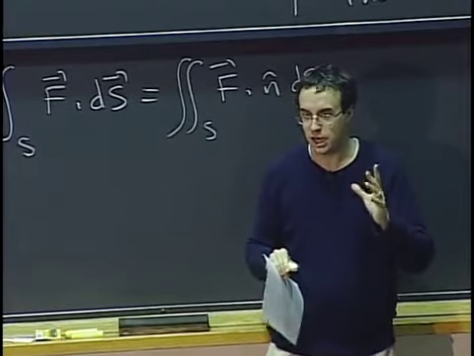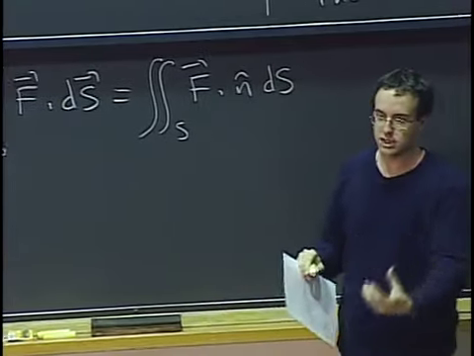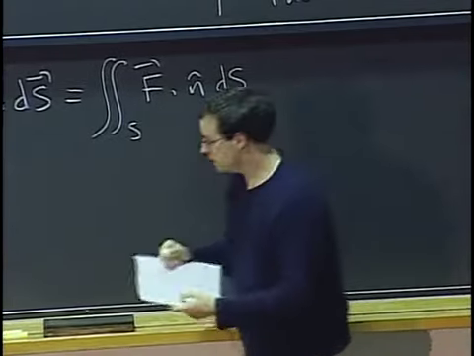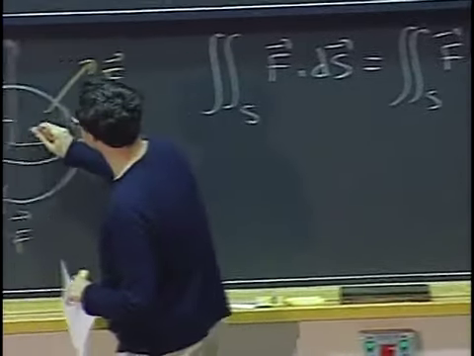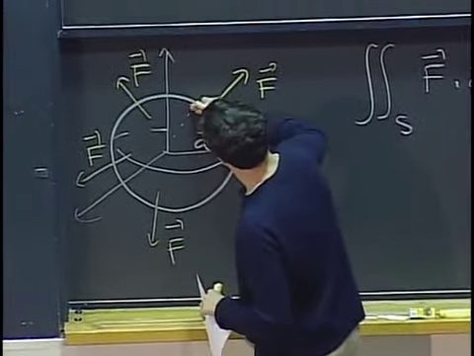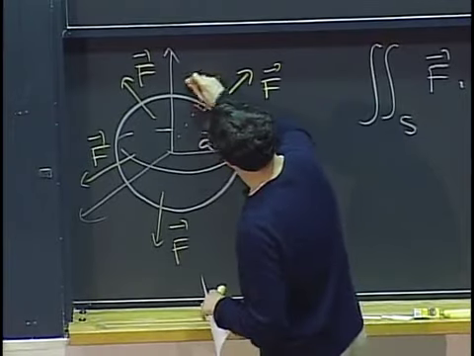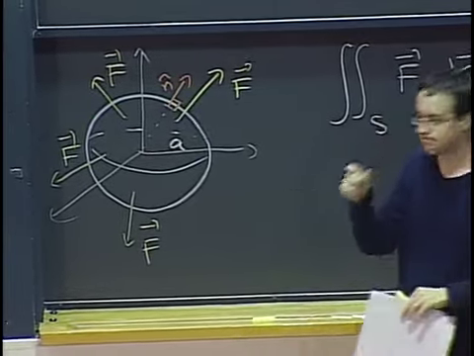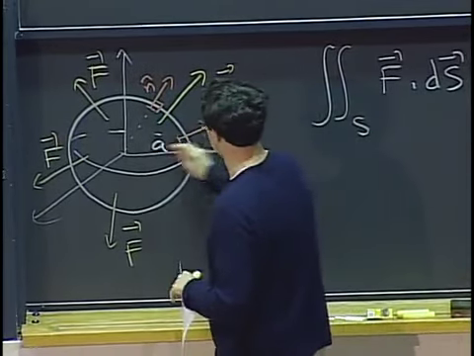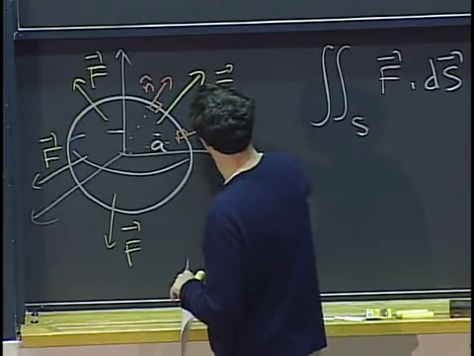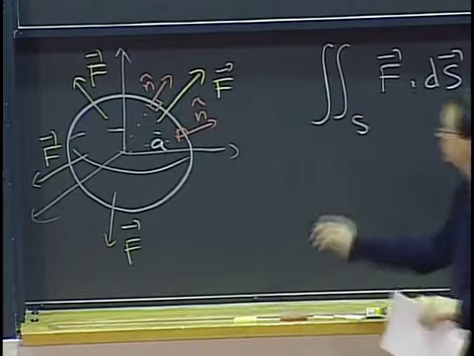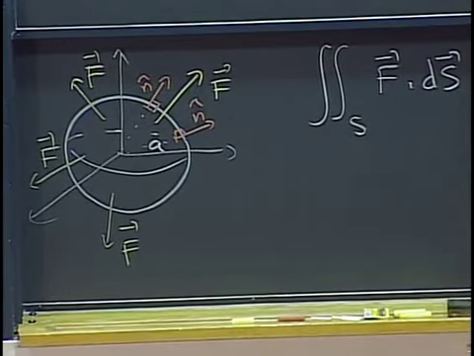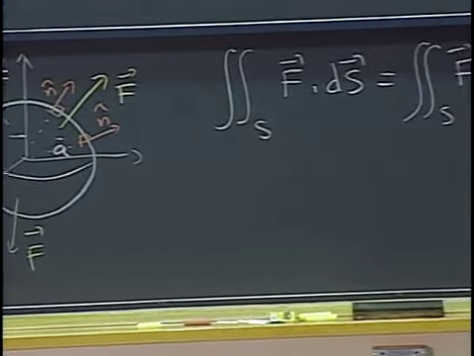Let's say I'm choosing it pointing out, then it will be sticking straight out of the sphere as well. So hopefully you can see that if I take the normal vector to the sphere, it's actually pointing radially out away from the origin. So in fact, our vector field and our normal vector are parallel to each other.